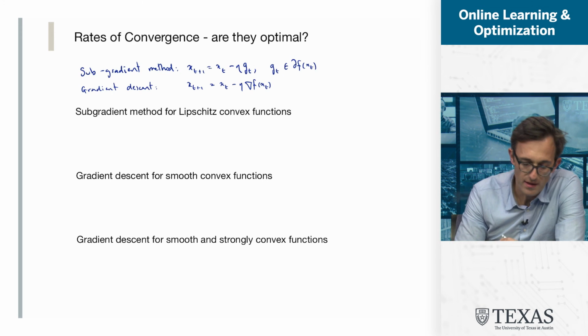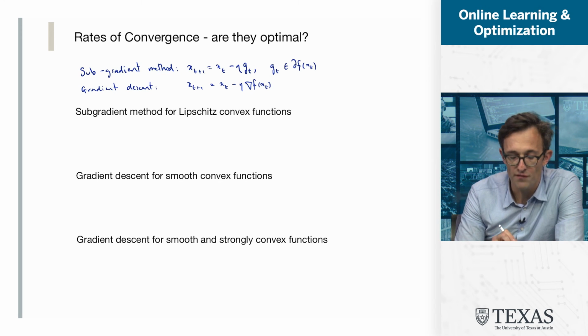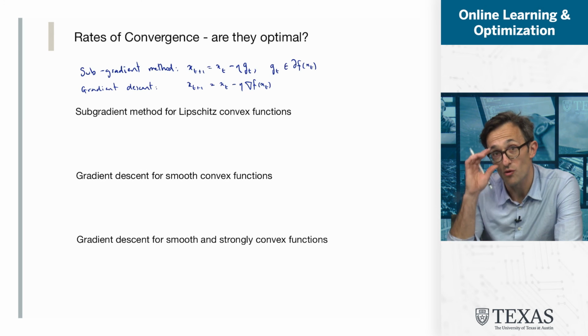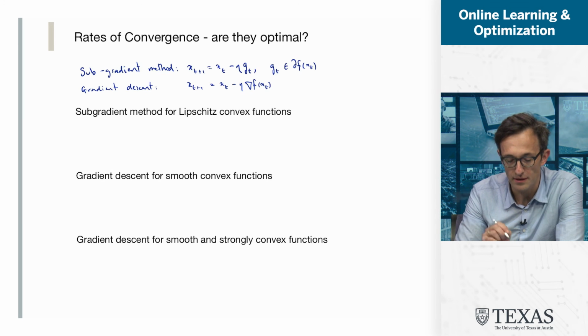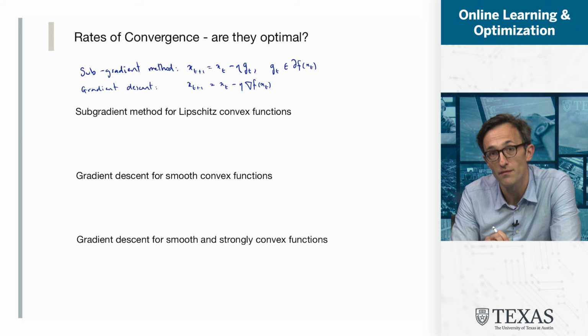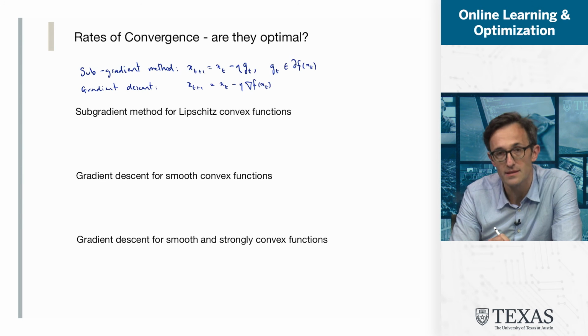Now we saw that as long as our function is convex and Lipschitz, so remember what Lipschitz means in the context of the function f which we're minimizing, is that its subgradients are uniformly bounded.